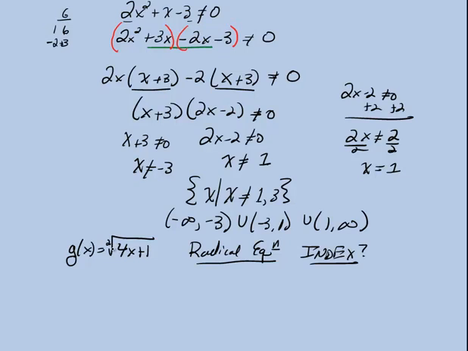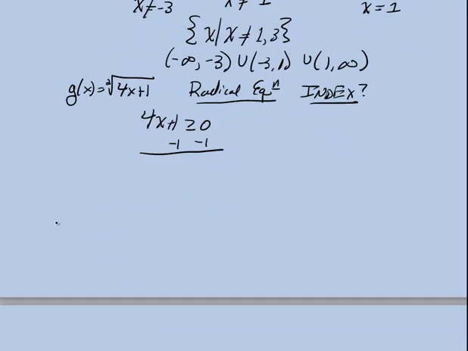Therefore, if we have an index of the radical that is even, we know the radicand must always be greater than or equal to 0. The radicand must always be positive. Therefore, we know 4x plus 1 must be greater than or equal to 0 because we can only take the square root of a positive value or 0. We're going to solve this by subtracting 1 on both sides.